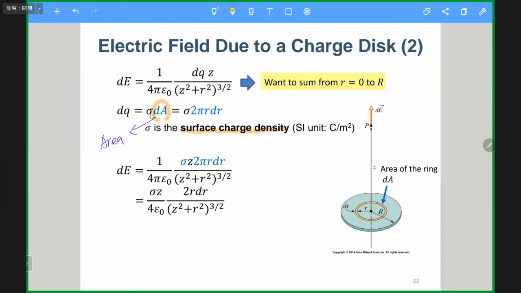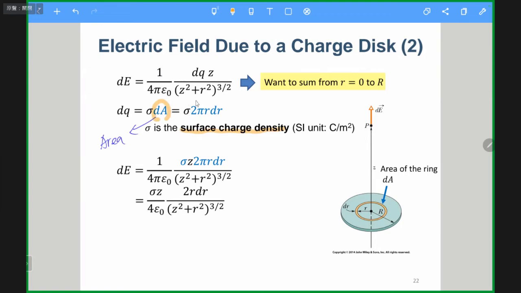One point to note is that the SI unit for the surface charge density should be C over meter squared rather than C over m. C over m is for linear charge density, and C over meter squared is for surface charge density. Okay, so up to this part, I think it is easy to accept.